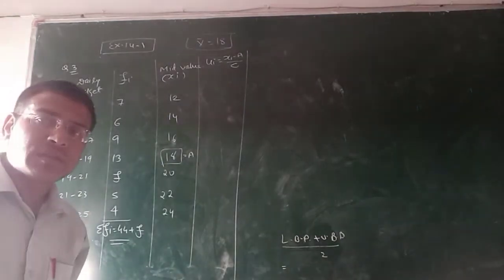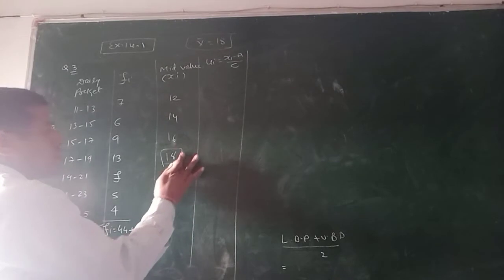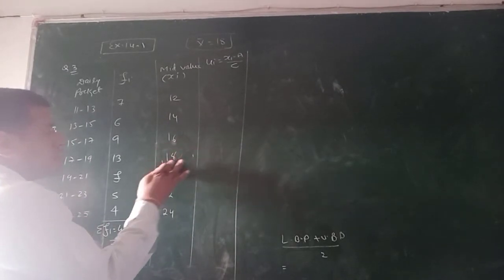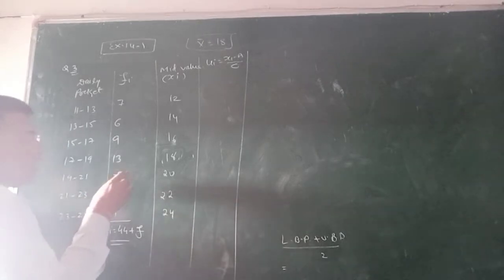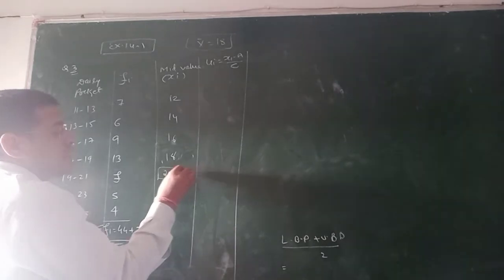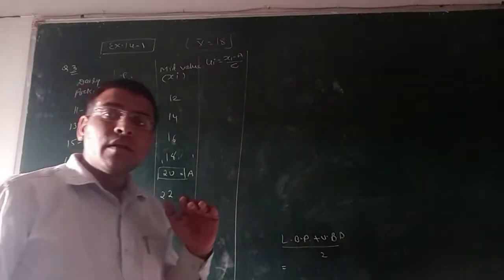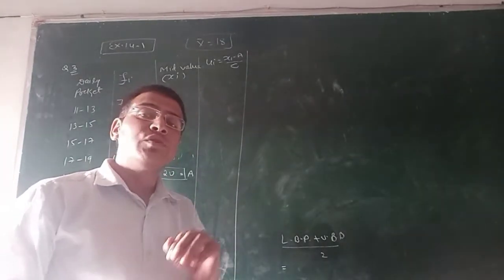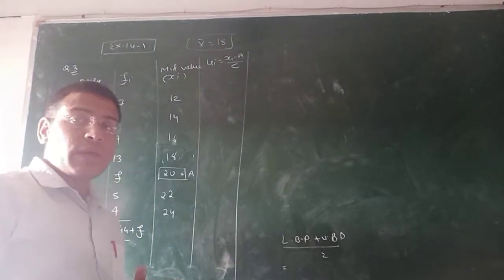You can calculate this one way also, but a simple way I like to tell you is that where there is missing data, suppose f is over here, that is missing, so the value opposite f1 should be assumed as a. Now the question arises, when should we assume a and which value should we assume as a?